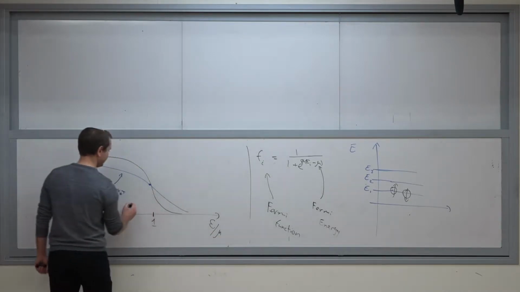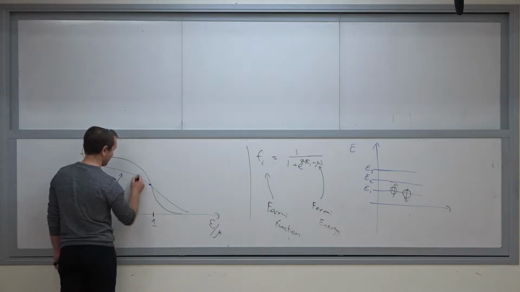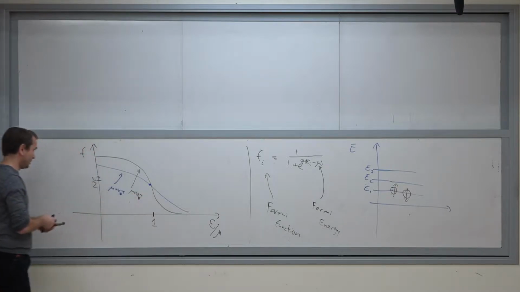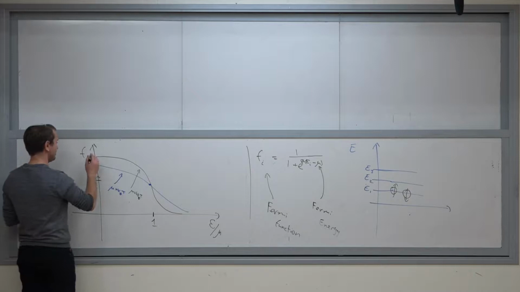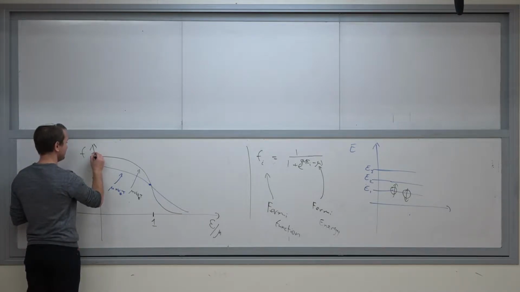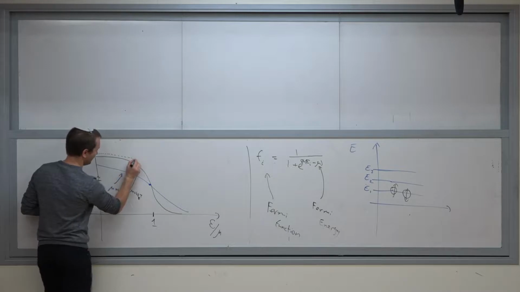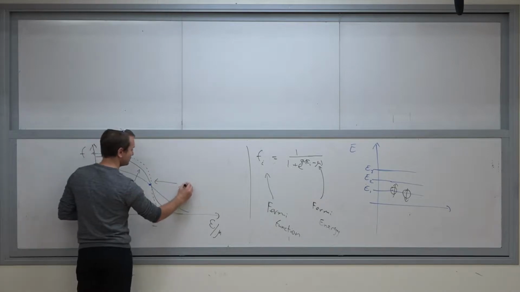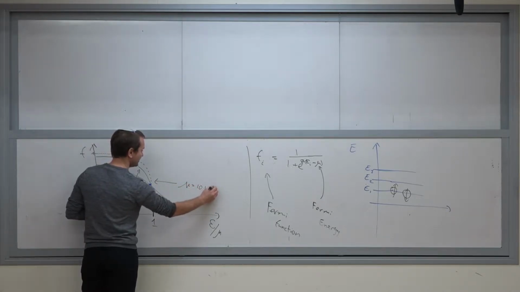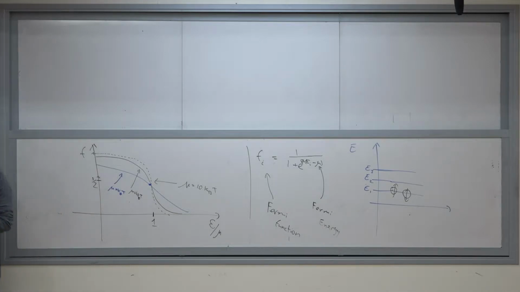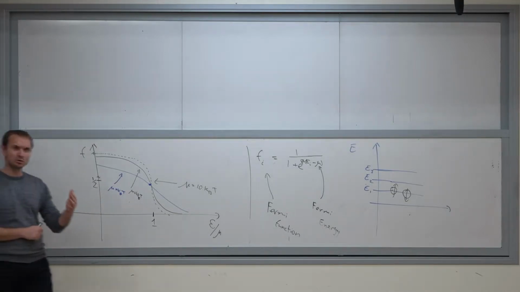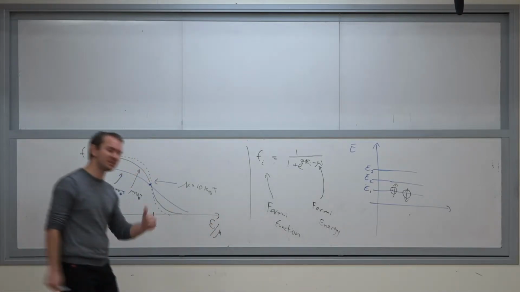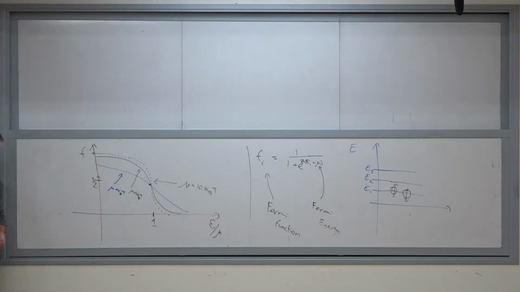This was mu equals 4 k Boltzmann T. Then we went, this is 1, then we went to mu equals 10 k Boltzmann T. And in the limit when mu is much larger than k Boltzmann T, we can say mu is a constant, and we decreased our temperature.